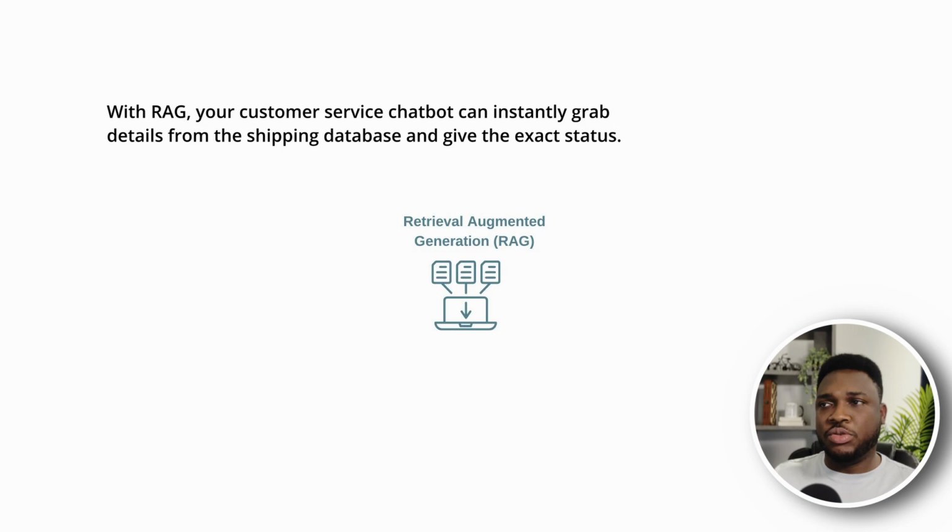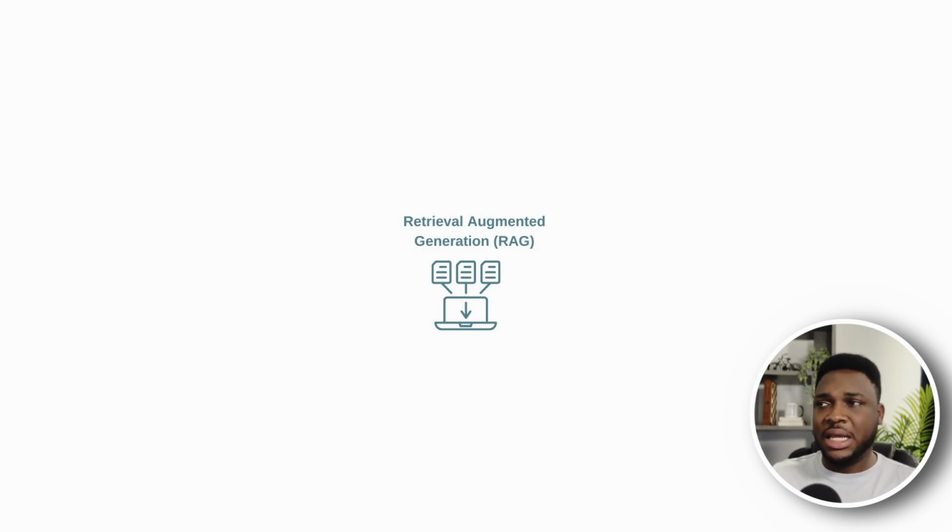In contrast, a regular model might just give a generic answer: "We are working on it." But when you expose the LLM to your database, you're leveraging retrieval augmented generation, where it can now go to an external database and do something with it.